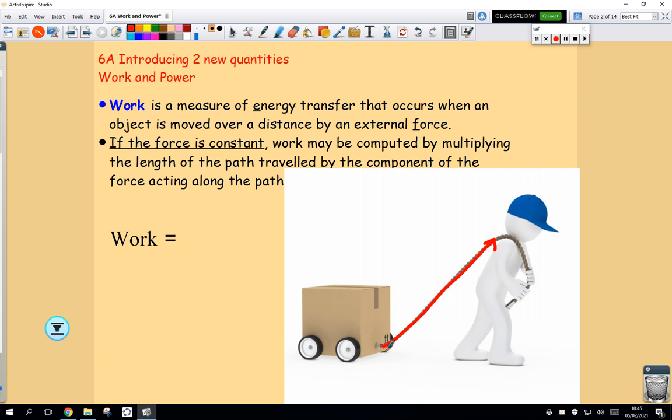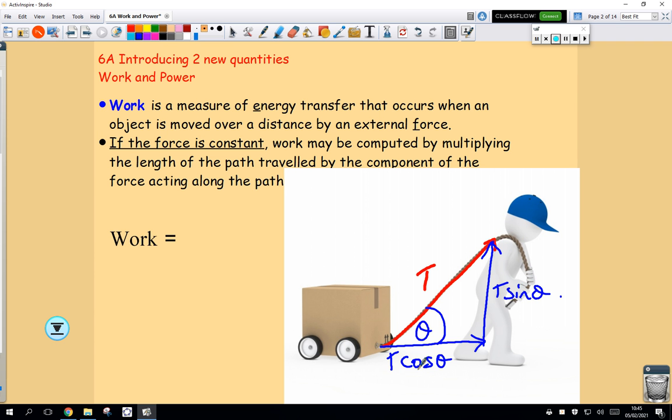So if we think about this tension, we can resolve that into its horizontal and vertical components, and remember, if this is theta, let's just call it theta. Well, the horizontal component here will be T cosine theta. The vertical component will be T sine theta.